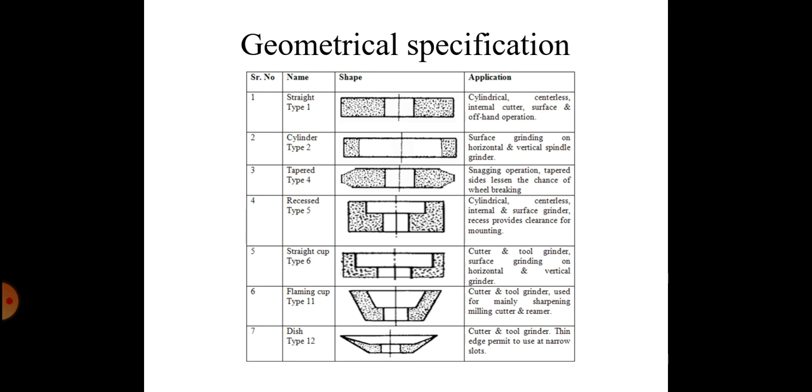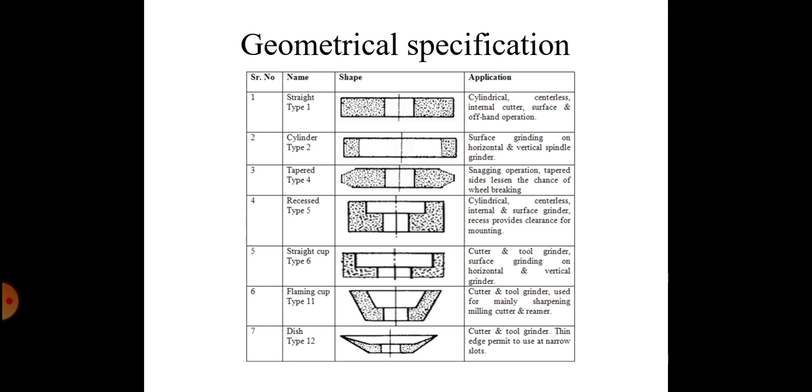This type of grinding wheel is used for snagging operations. Tapered sides lessen the chance of wheel breaking, so this tapered grinding wheel is used.